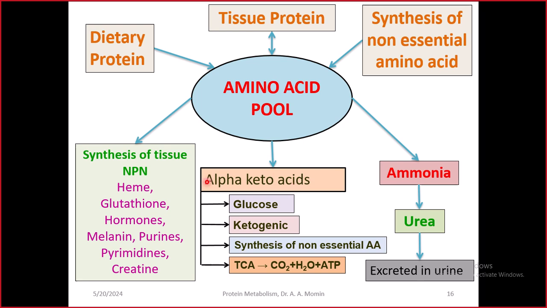For example, one of the keto acids formed is pyruvate. The pyruvate may undergo further conversion to acetyl-CoA, and that acetyl-CoA then enters the TCA cycle and is completely oxidized to carbon dioxide and water, generating ATP, the energy. So these are the contributors to the amino acid pool and the fates of amino acids from the amino acid pool.